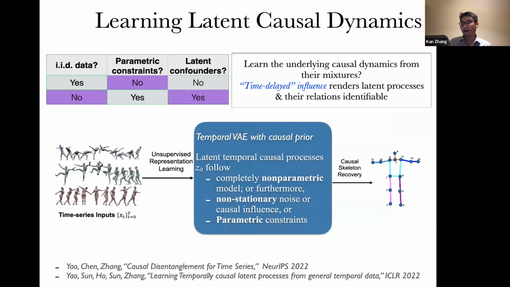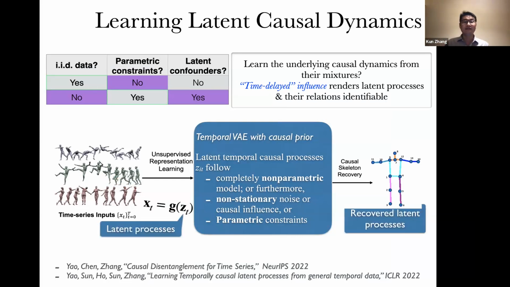The problem setting is as follows. We have time series data, and we can put them here. They are assumed to be just invertible, nonlinear transformations of the underlying latent processes, Z_it, right here. Z_it are temporally related. They are latent processes. They can correspond to different objects. And this G function is invertible.